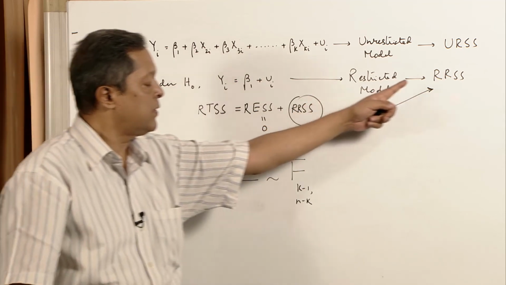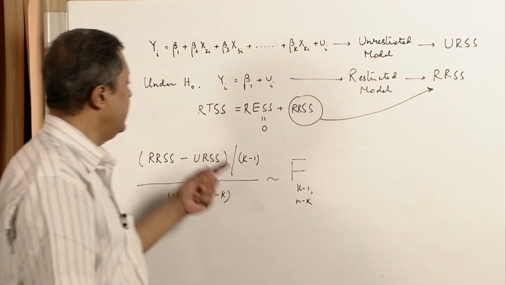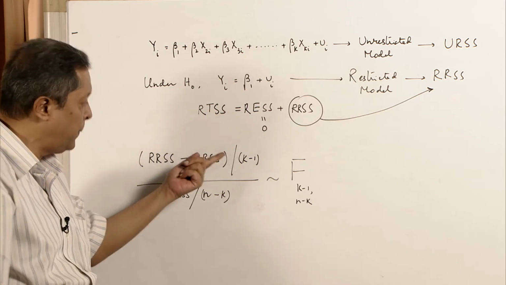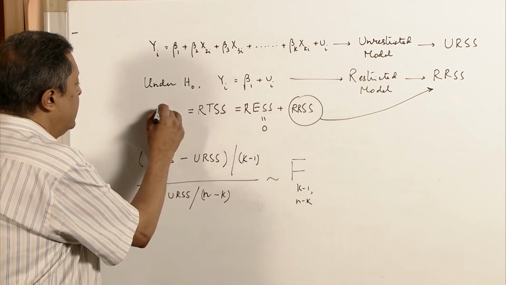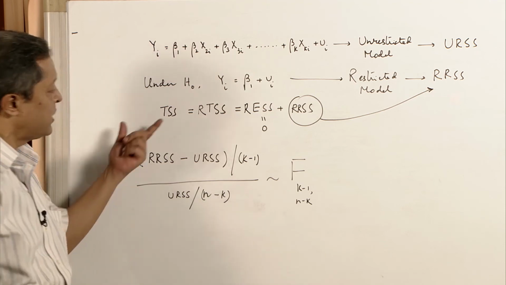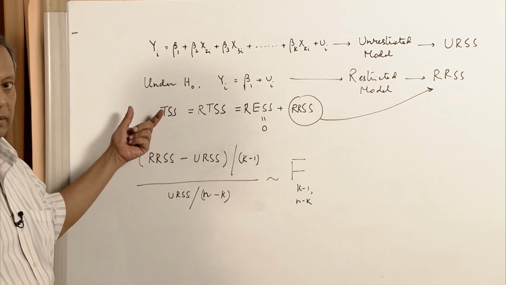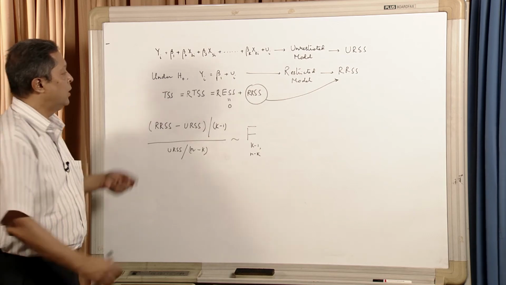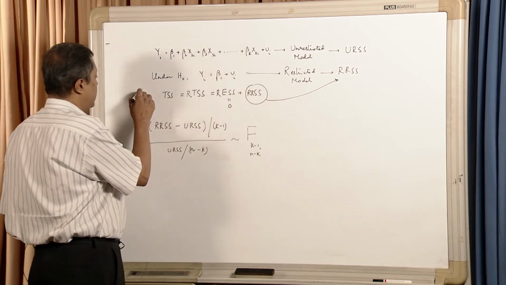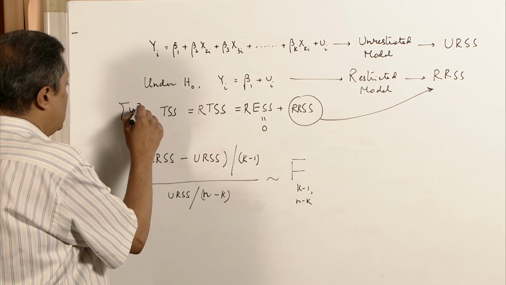This restricted residual sum of squares is nothing but the restricted model total sum of squares, which is the total sum of squares, because the total sum of squares is always the summation of small yi square, independent of restrictions.